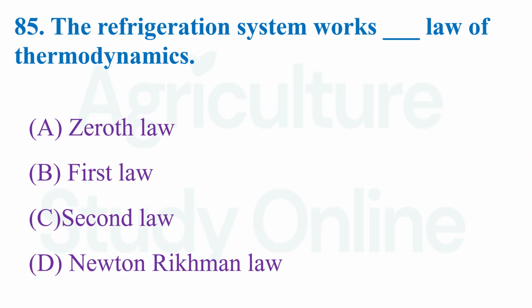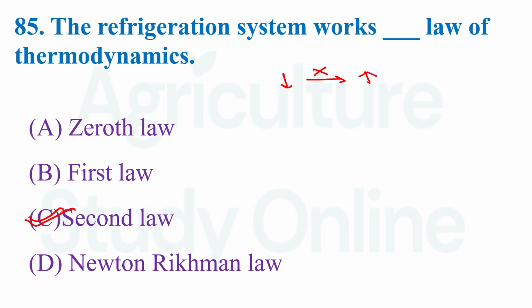Question 85. The refrigeration system works by dash law of the thermodynamics. So a refrigeration system operates based on the second law of thermodynamics. So what does it state? It states that heat cannot flow from a cooler body to the hotter body.